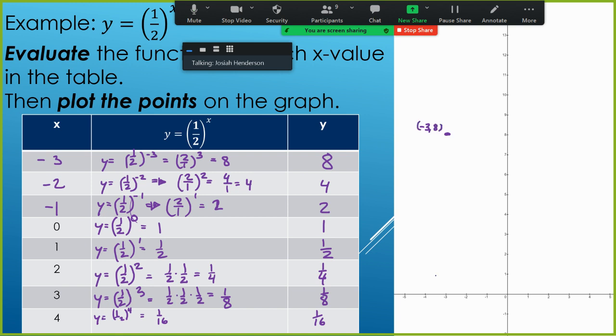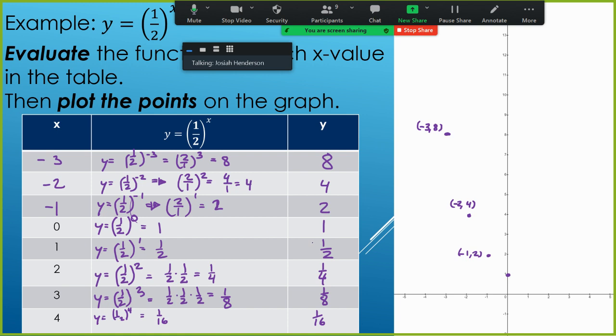Negative 2, comma 4. Negative 1, comma 2. The height is being cut in half each time. And 0, 1. There's that same y-intercept as we saw before.